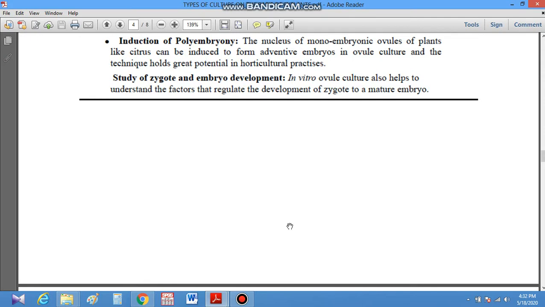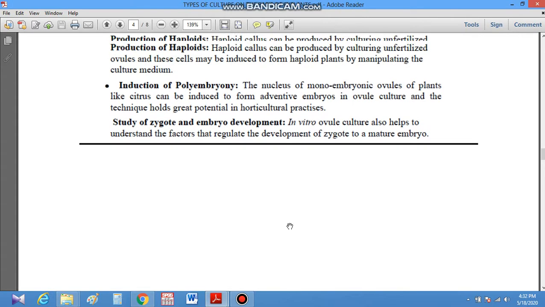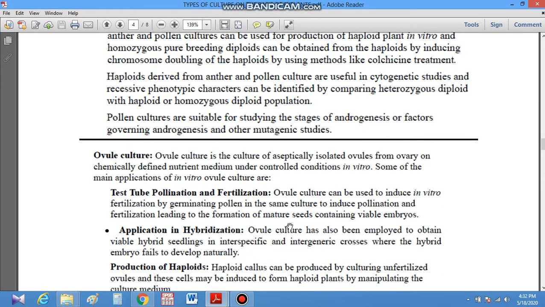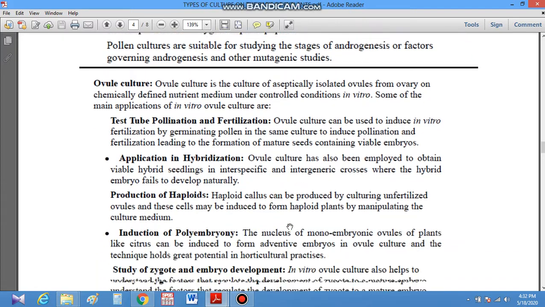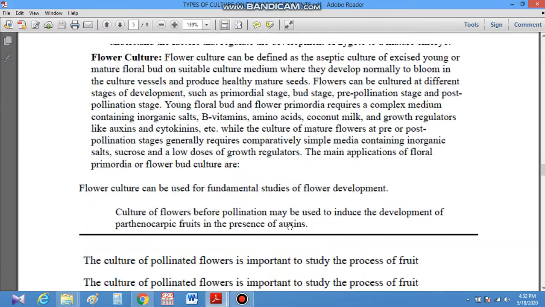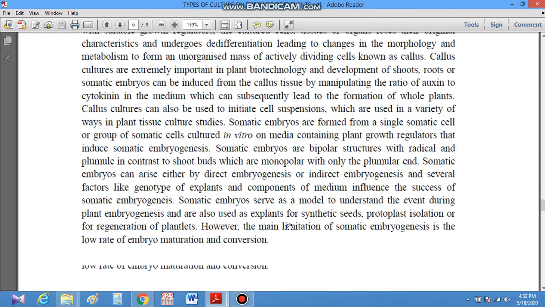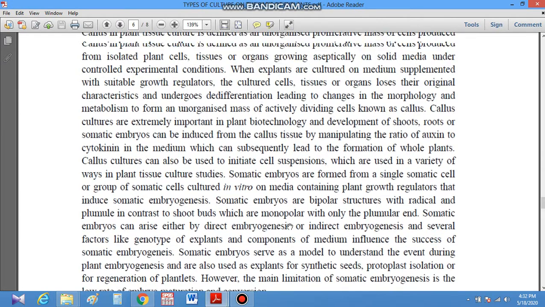They are useful in the generation of variability, development of haploids, embryo rescue, somatic hybridization, and selection for disease resistant varieties. These are the applications.